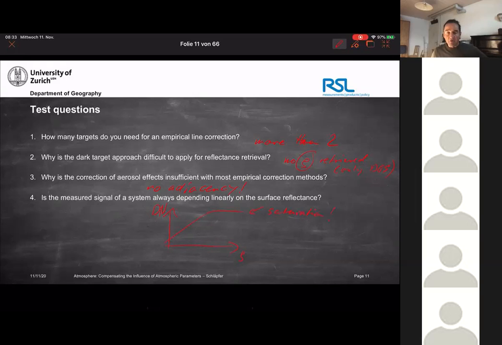So that's where the linearity is not given anymore. That's why, if using empirical targets in the field, it's not recommended to use the 100% reflecting targets. Even though they're easy to apply and people are buying them, it's much better to use about a 40% or 50% reflecting target, which is in the range of what you'd expect as a signal in your imagery. And then you avoid the problem of running into saturations at certain wavelengths.